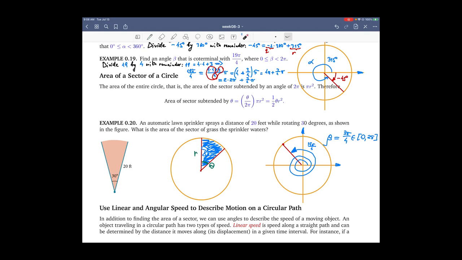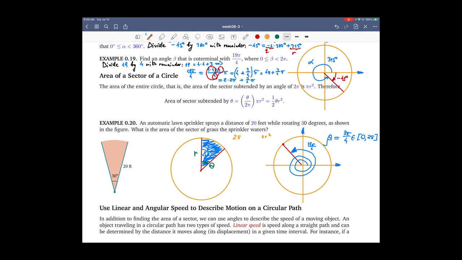Well, because the area of the entire disk subtended by an angle of 2 pi is pi radius squared, that we know, right? The area of a disk of radius r is pi radius squared, and the entire disk is subtended by an angle measuring 2 pi.